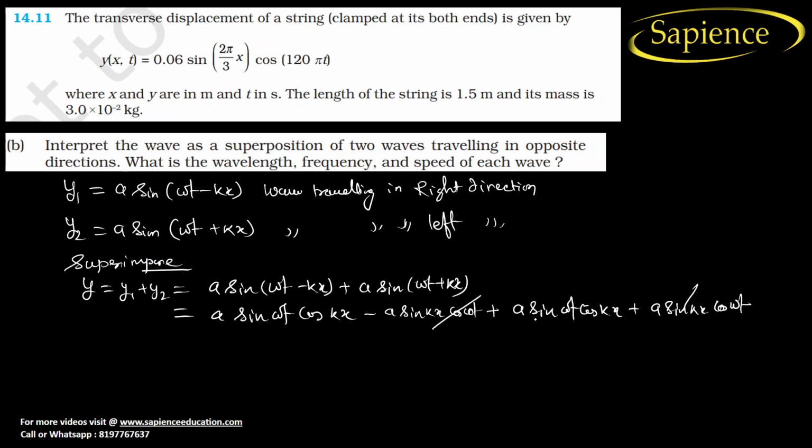So this will get cancelled. So finally it will be 2a sine omega t cos kx. Got it?